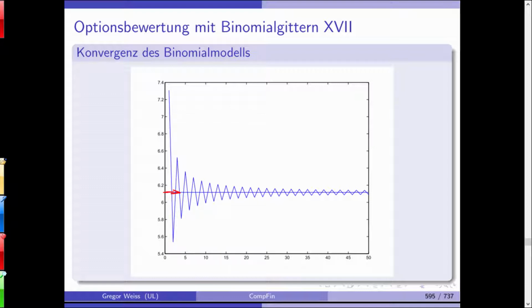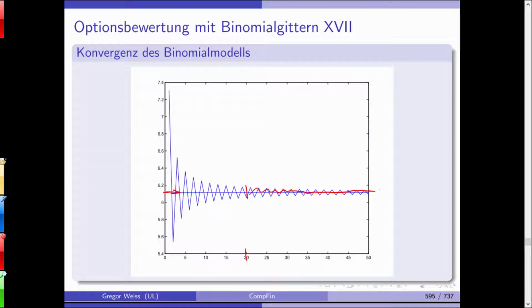And you can see that the price from the binomial model zigzags around the Black-Scholes price, and it slowly converges. But as you can see, there is not much improvement, say, after 20 intervals, and it zigzags around here. Now for an optimization algorithm, zigzagging and such a convergence behavior is very bad.